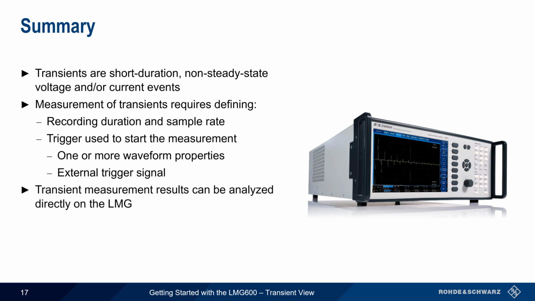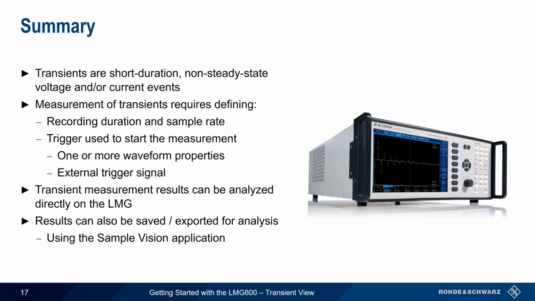Captured transient data can be analyzed directly on the LMG itself in graphical format, but the numeric values can also be saved and/or exported for analysis. This analysis can be done using the Sample Vision PC software application or by exporting the values in either CSV or MATLAB format. This concludes our presentation, Getting Started with the LMG600 Transient View.